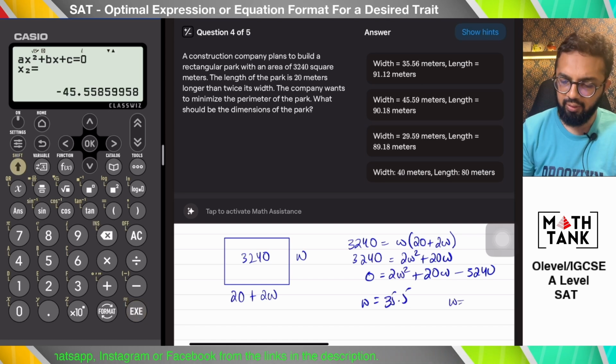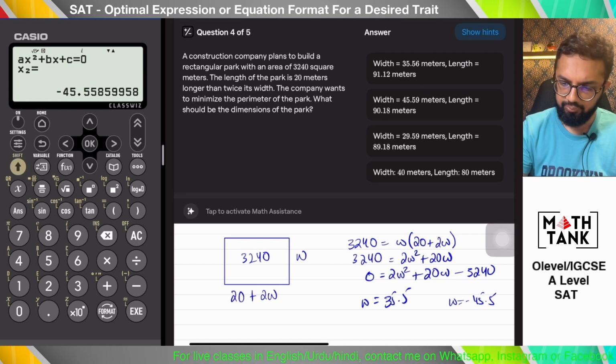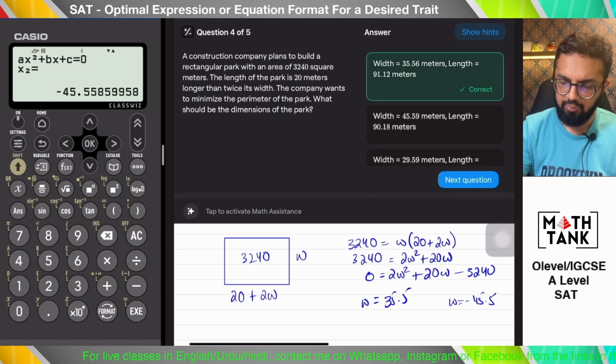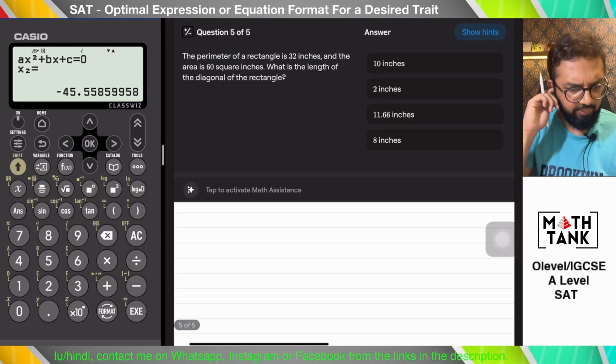The other is minus 45.5. So I think only one number meets the criteria. I'm not sure what minimize the perimeter of the park would mean. Minimizing doesn't really apply here. I don't know why that's the question.